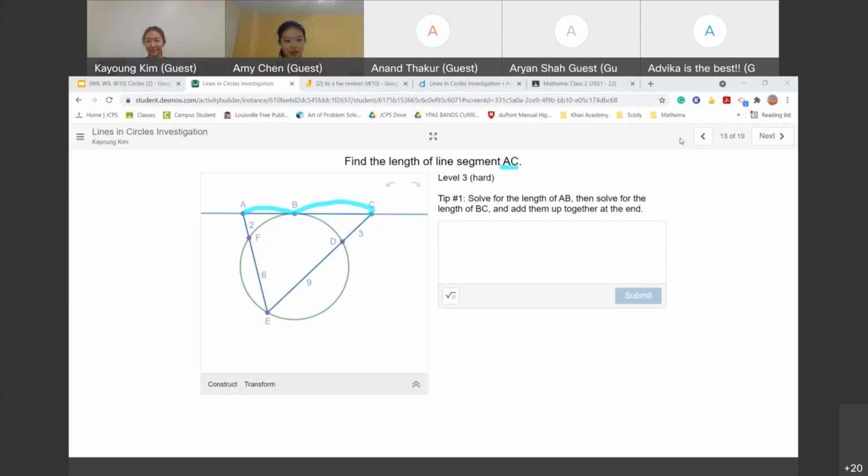And then once you find one, focus on the other one and ignore the first one completely. I get it. Nice.